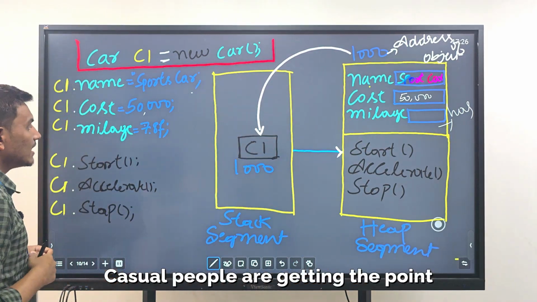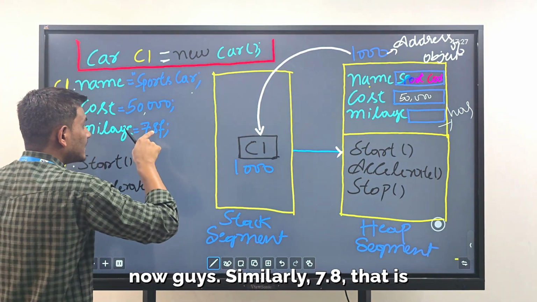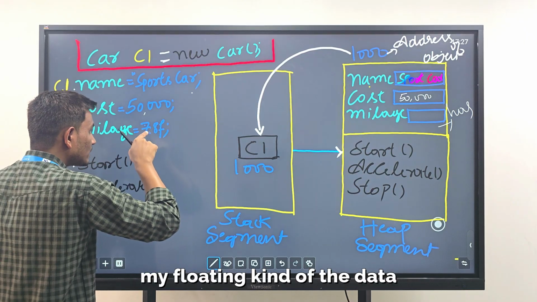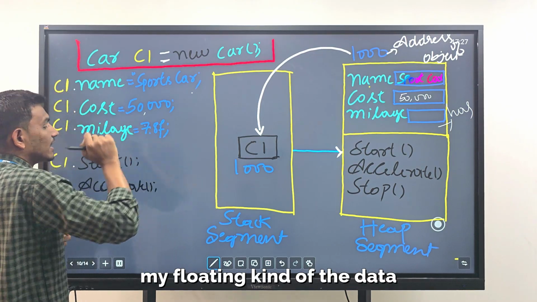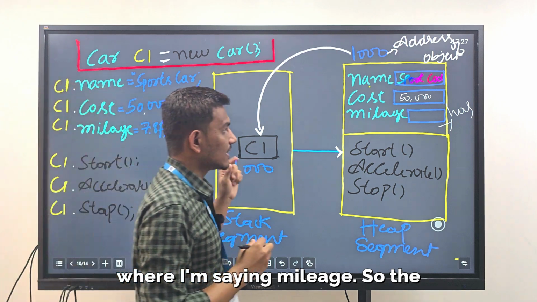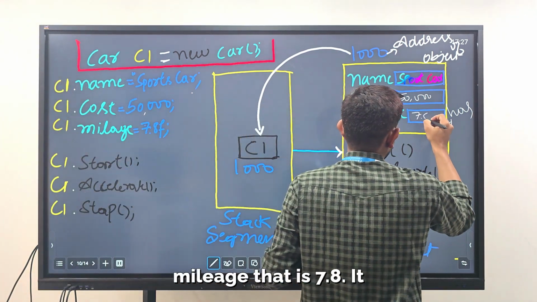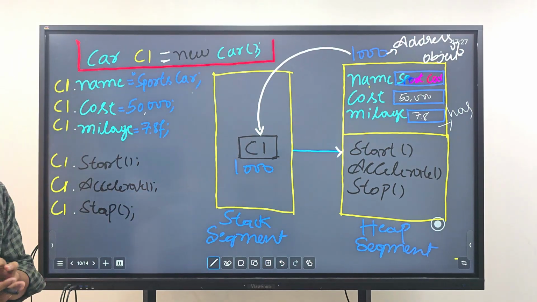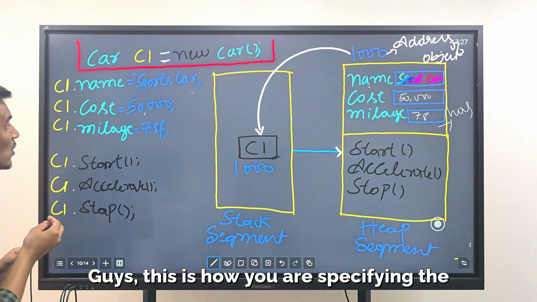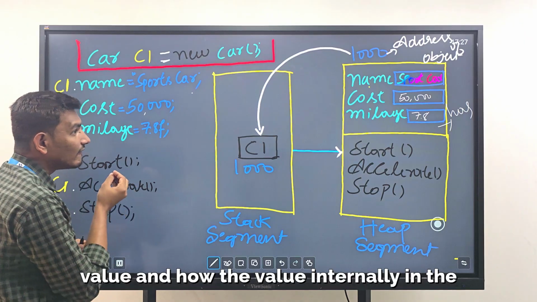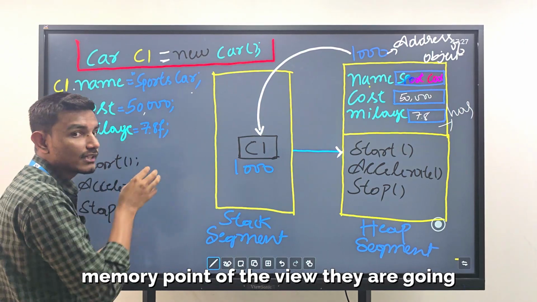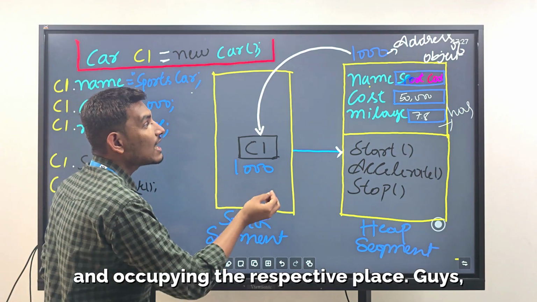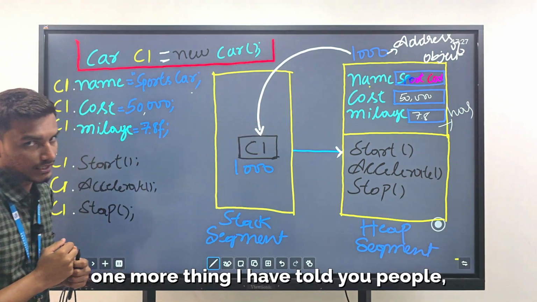Now, guys, similarly, 7.8, that is my floating kind of data, where I am saying mileage. So the mileage, that is 7.8, will come and sit inside the mileage. Guys, this is how you specify the value, and how the value internally, in the memory point of view, goes and occupies the respective place.